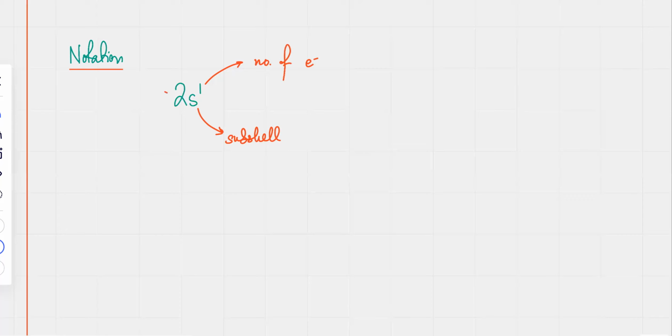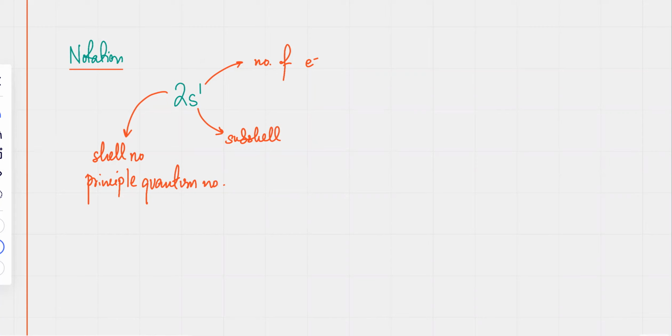And this 2 indicates the shell number or the energy level, which we call the principal quantum number. So you've got three things in the notation: the number of electrons, the subshell, which is the type of space they're occupying, and the 2 indicates the energy level.